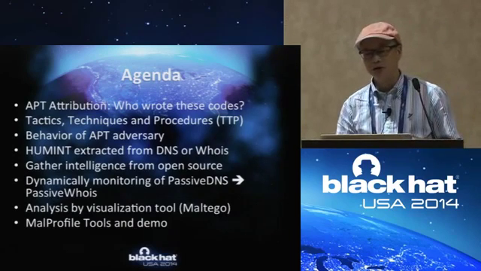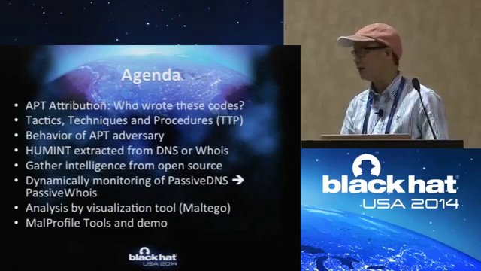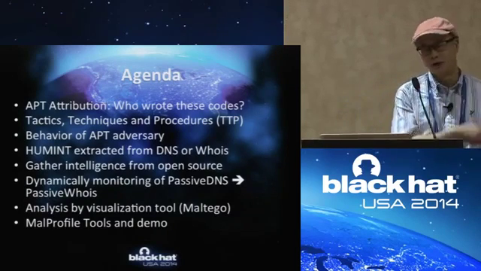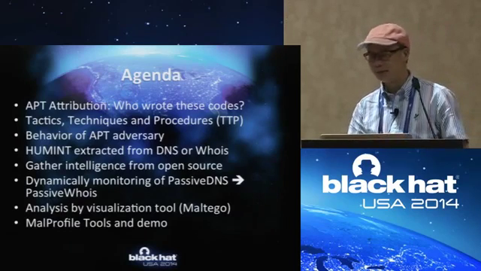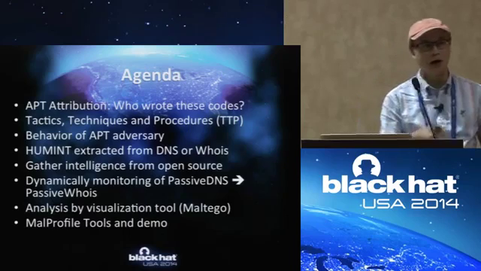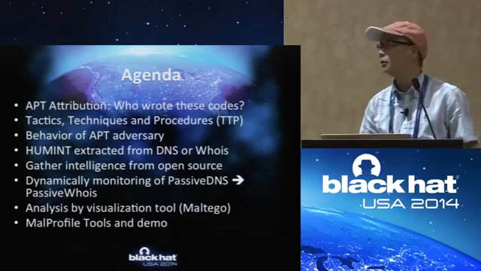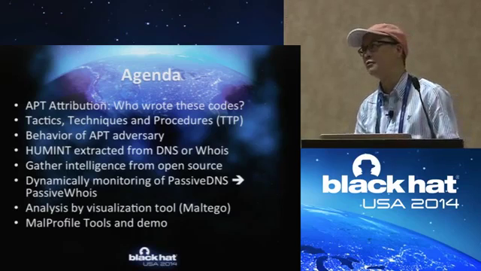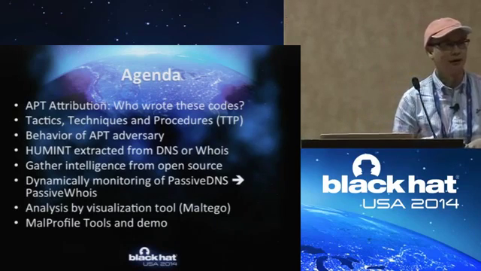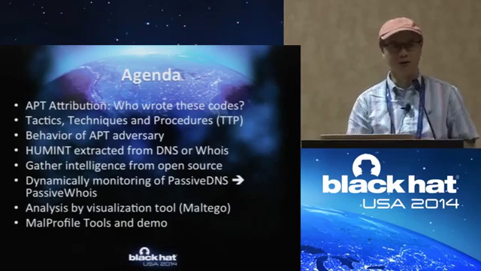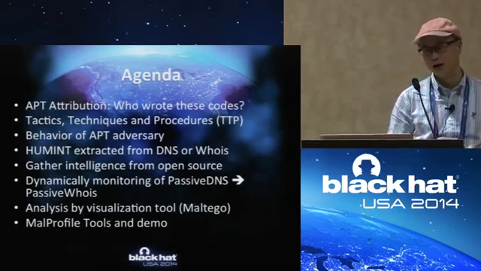Maybe some of the behavior that I identify is my assumption or hypothesis. And then I will show you how I can get the DNS or human intelligence information from there. Next, I'm going to show you how I gather intelligence from open source. And then later on, I make use of passive DNS and passive whois to find the adversary.